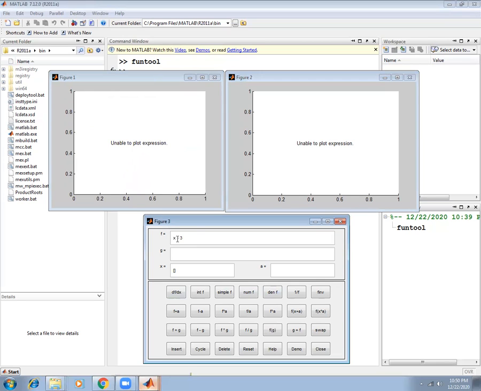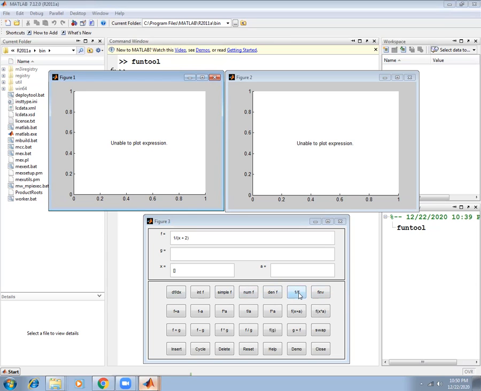Again writing x plus 2 divided by x plus 3, and using the control button num in the first row, it will return the numerator of the function. 1 by f will return f equals 1 by x plus 2.